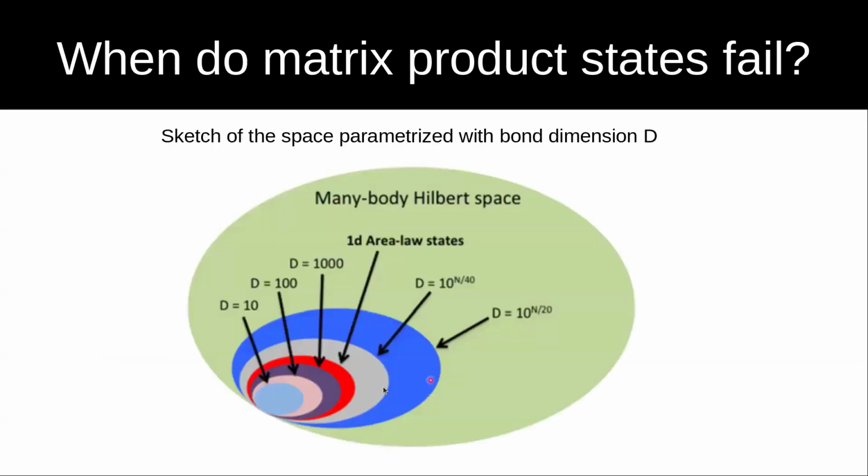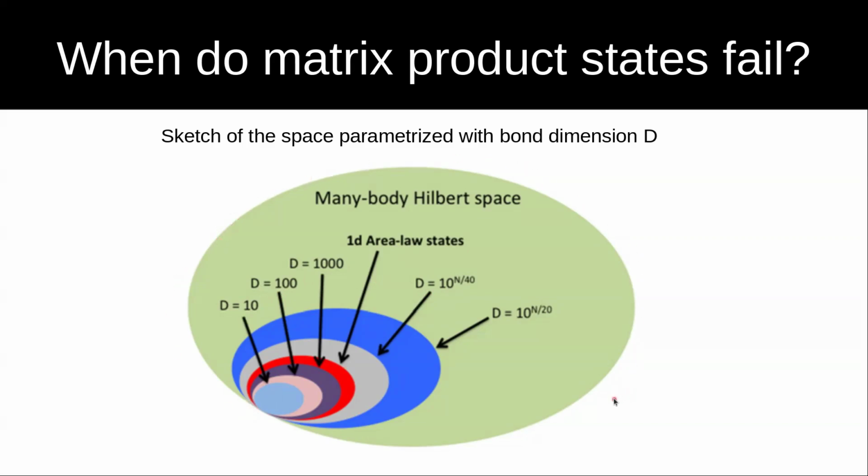So in practice, you can think that matrix product states are a systematic way of parameterizing the many-body Hilbert space with different degrees of accuracy. Depending on the bond dimension that you choose, you are going to describe a small region of your Hilbert space, or a bigger one, or a bigger one. And of course, if you keep increasing the bond dimension more and more, you could eventually cover the whole many-body Hilbert space.